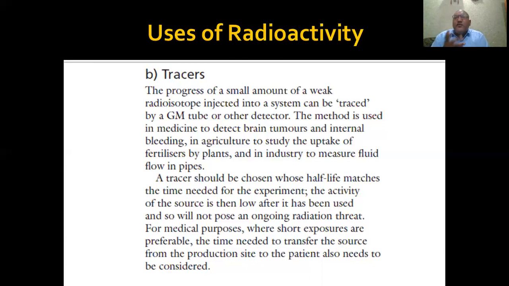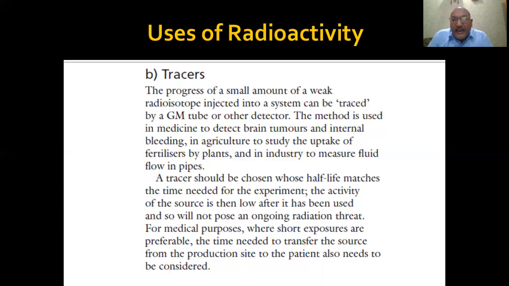For example, if you injected a radioisotope which is giving off alpha particles, they will not be able to penetrate through the flesh or bone. The radioactive material will be inside the body, but the detector will not be able to detect it, because alpha particles cannot penetrate the flesh. Their penetration power is very, very low.